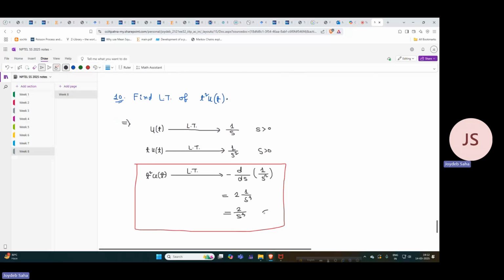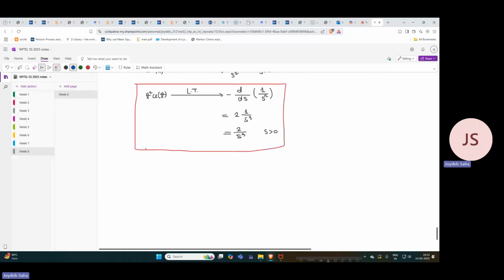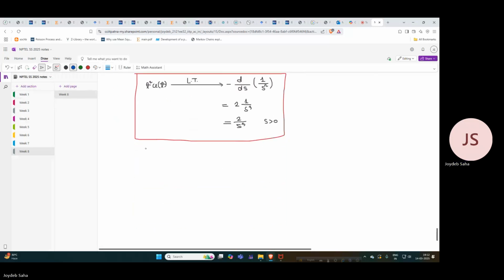It is also for s greater than 0. Now we'll move to the next problem.